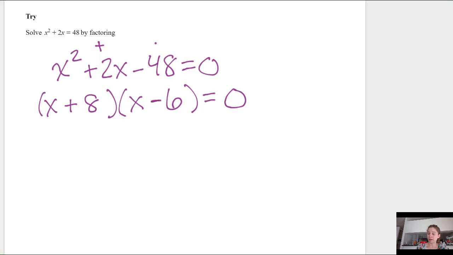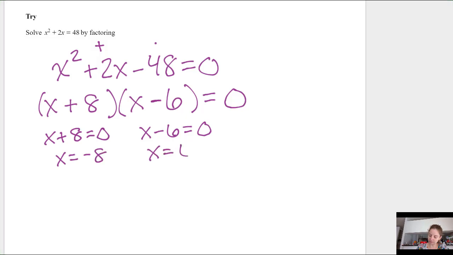And now I can use the zero product property. So either x plus 8 equals 0 or x minus 6 equals 0. X is negative 8 or x is 6. Therefore, x is equal to negative 8 and positive 6.